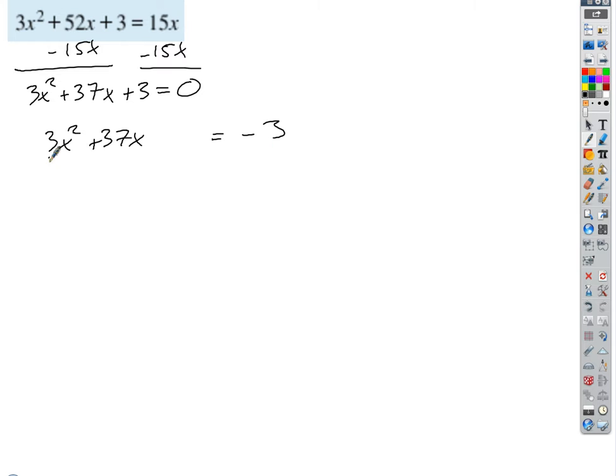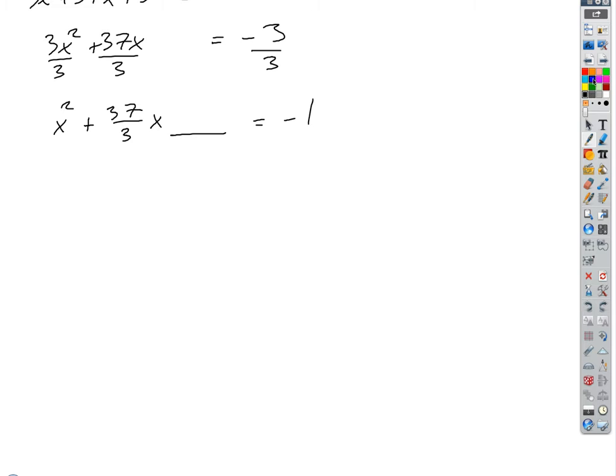We'll divide both sides through by 3. And that's going to give us x squared plus 37/3 x equals -1. Okay, so if we complete the square, half of 37/3 is the same as 37/3 times 1/2, multiplying straight across gives us 37/6.